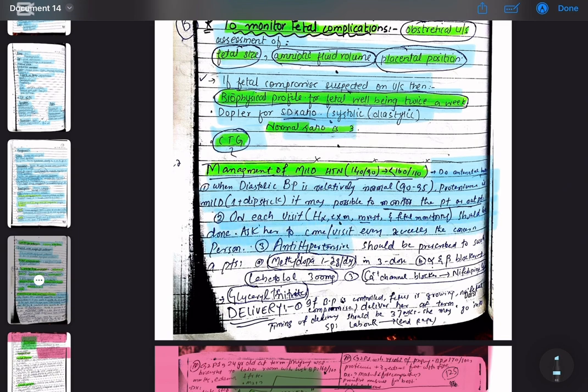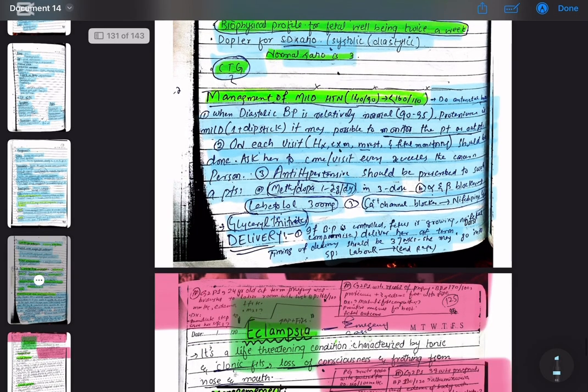Then antihypertensives should be prescribed for such patients: methyldopa 1 to 2 gram per day in 3 doses, alpha and beta blockers, that is labetalol 300 milligram, calcium channel blockers, that is nifedipine, and glyceryl trinitrate are given. Delivery: if BP is controlled and the fetus is growing with no fetal compromise, deliver her at term. The timing of delivery should be 37 weeks, or she may go into spontaneous labor. And this is the management of pre-eclampsia.